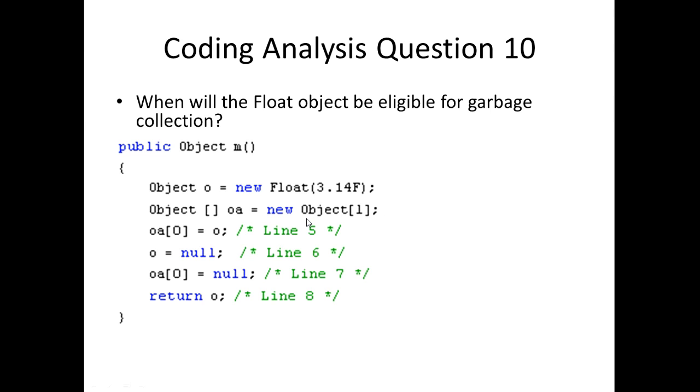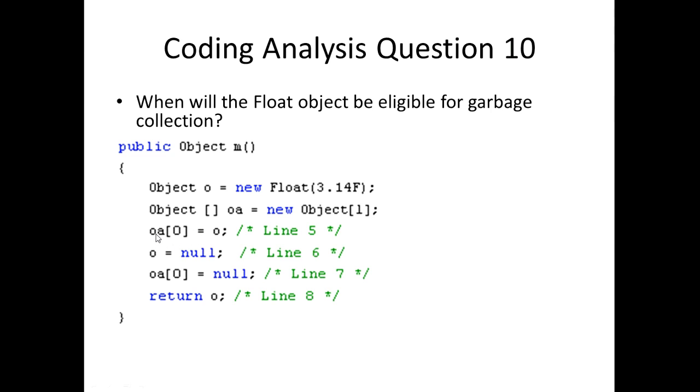So basically what's happening here is that we're first creating an object, a float, and then we're creating a new array, which has space in there for one object.